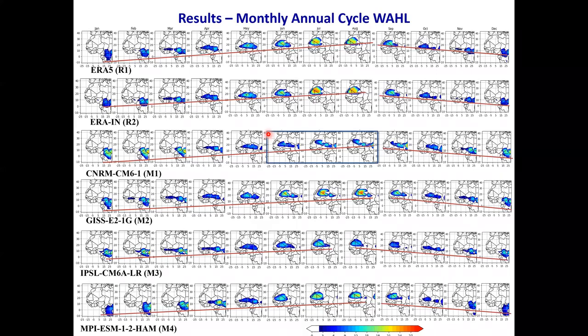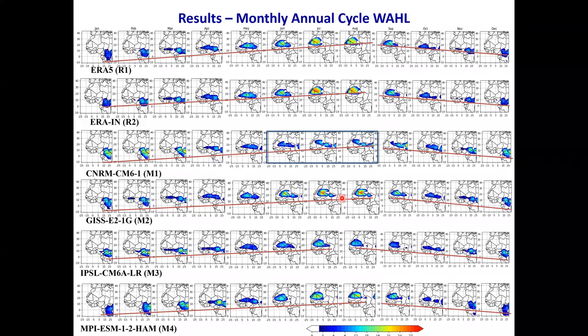And then in the case of model 2, we see that although it gets the form or the shape and the intensity close to that of the reference datasets, in the core of the simulated heat low for model 2, the intensity is quite higher than that of the reanalysis.